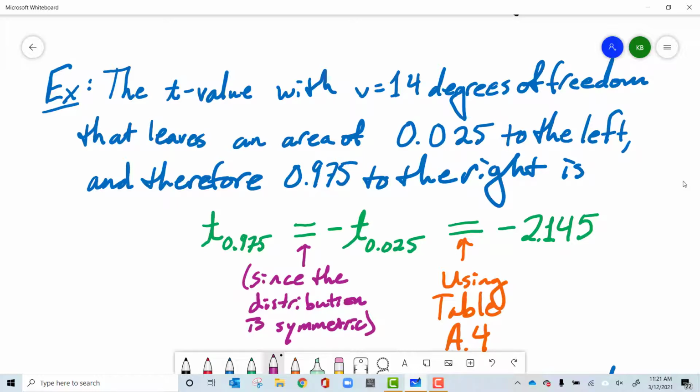It comes after the normal distribution table and before the chi-square distribution table. Similar to the chi-square distribution table, we go down to the row that corresponds to 14 degrees of freedom, and the columns are labeled by alpha values. So we go to the alpha value of 0.025, and when we go over to that, we find in the table that the t-value is negative 2.145.